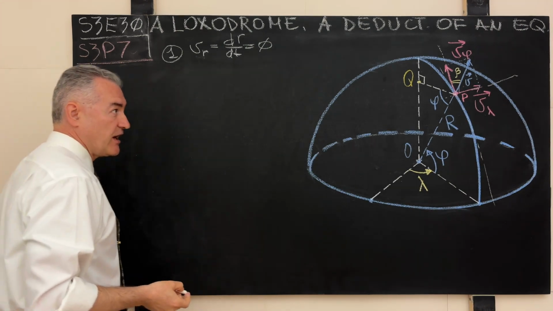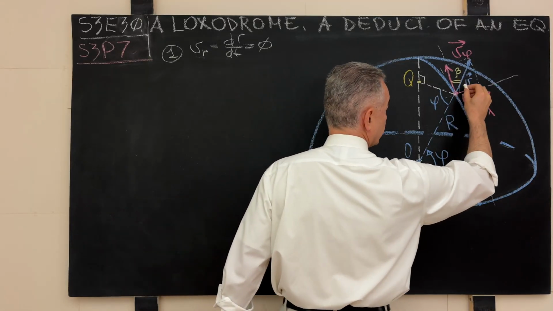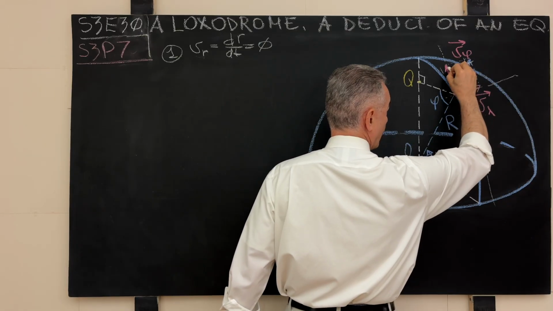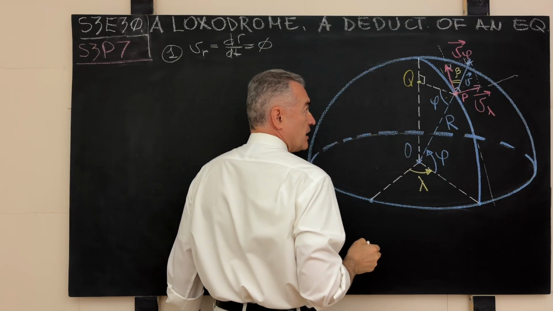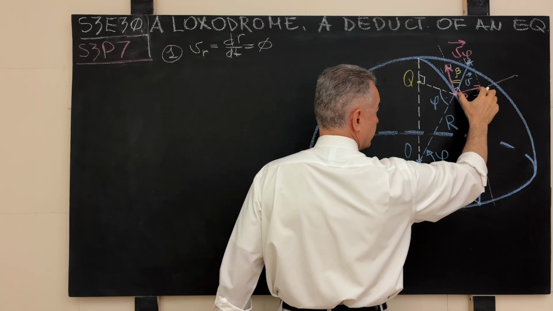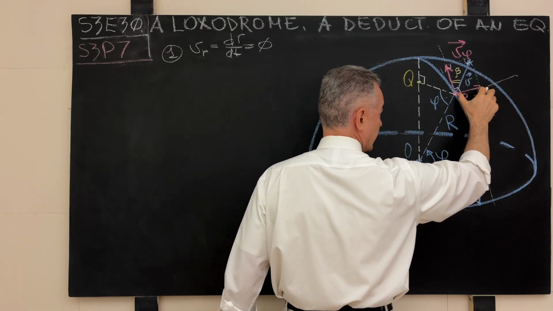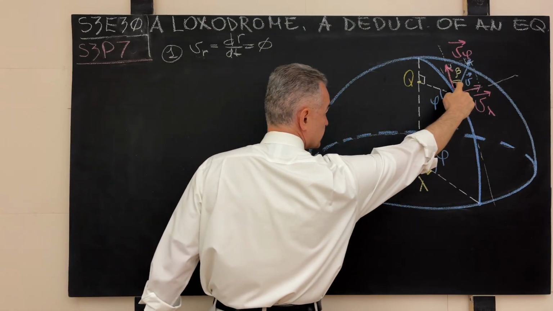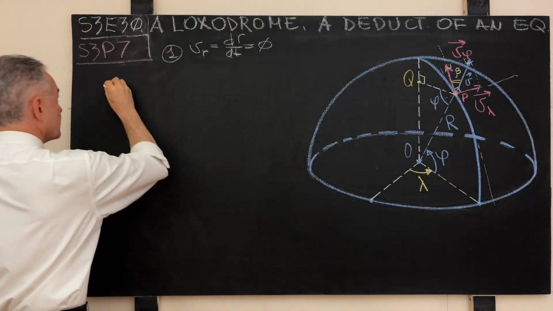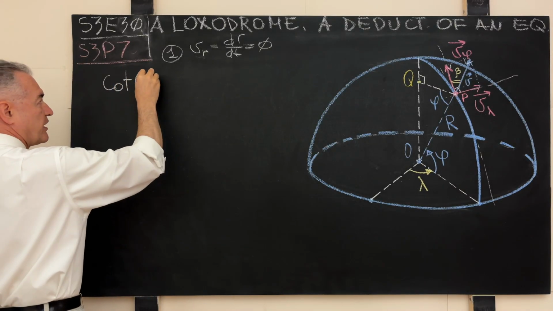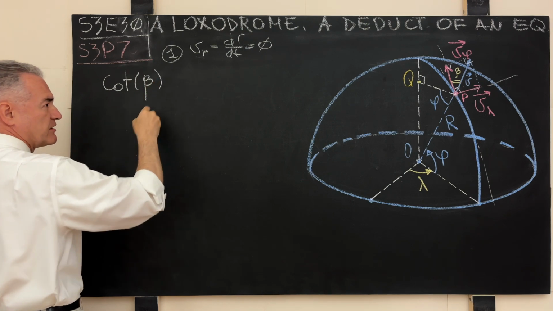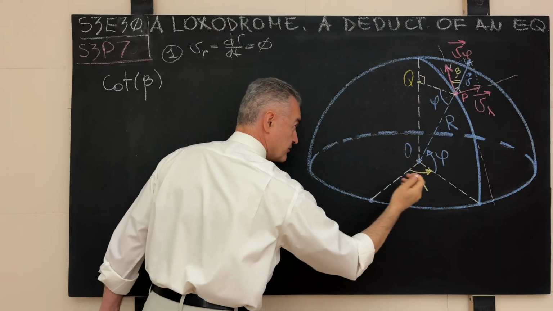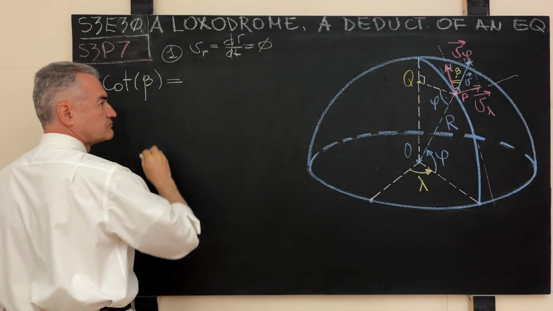So once we have that, and this is our rectangle here, or a right triangle here, then we take the magnitudes, not the vectors, but the magnitudes of our velocities, and then we write pretty much the middle school definition of this angle for the cotangent of the angle beta. That is, the constant angle between our trajectory and every meridian is equal to what?